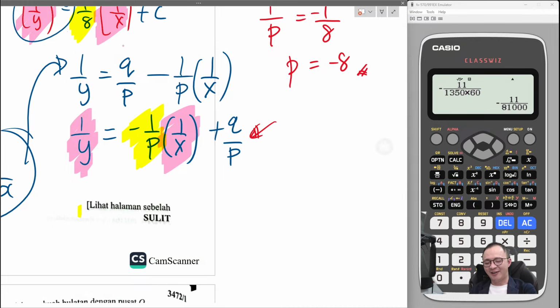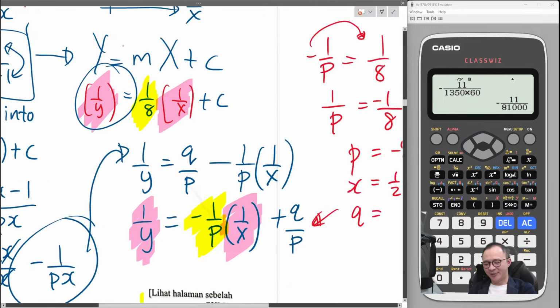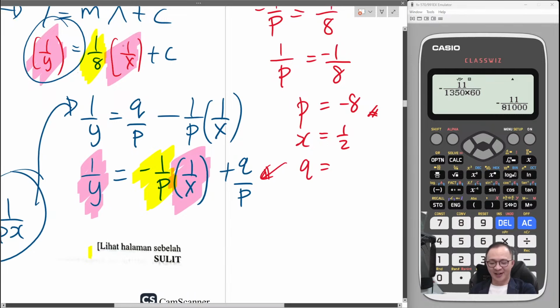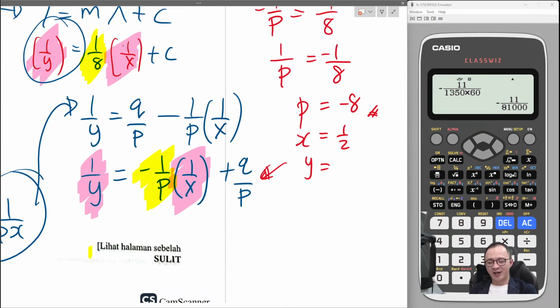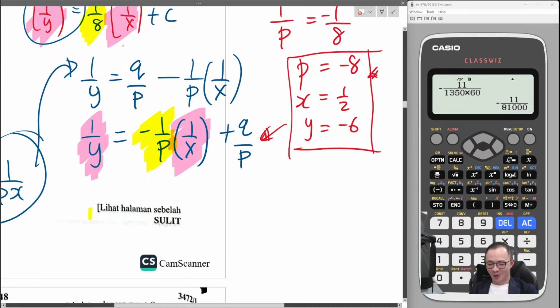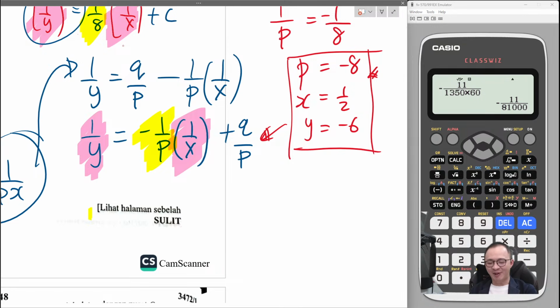Okay, I'm going to write out. My x is 1 over 2. My q is, what is my q again? Sorry, my y is negative 6. My y is negative 6. Focus here, super focus. So, sub the x into x, sub the y into y, sub the p into p, find the q.